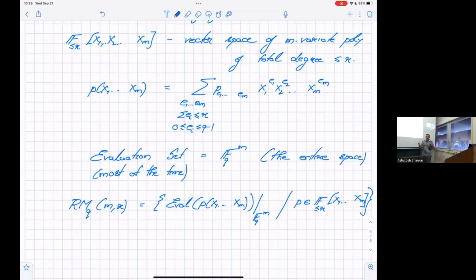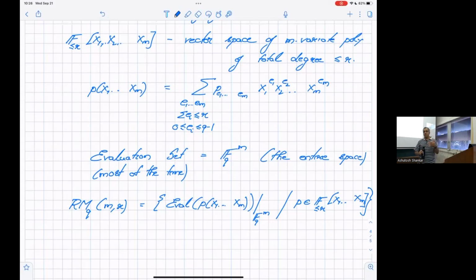Every function has Q power n degrees of freedom. At every point you have a polynomial corresponding to that. So if you don't put a restriction on R, then the degree can go as large as Q minus 1 times n. So R will always be a number less than Q minus 1 times m.